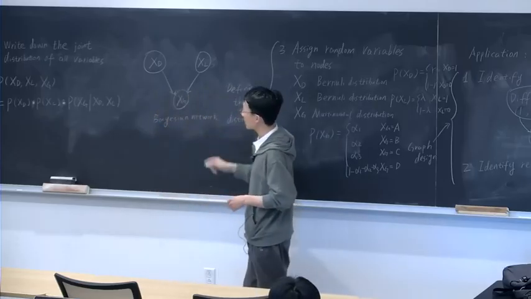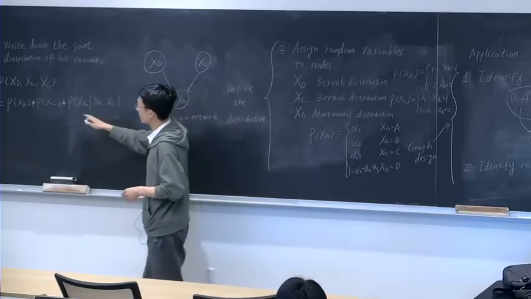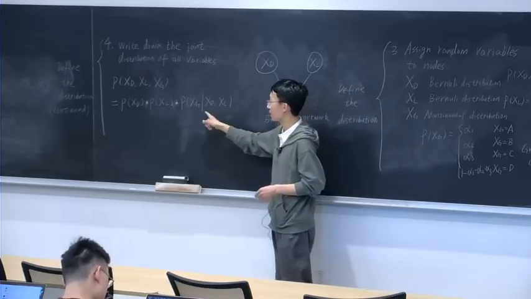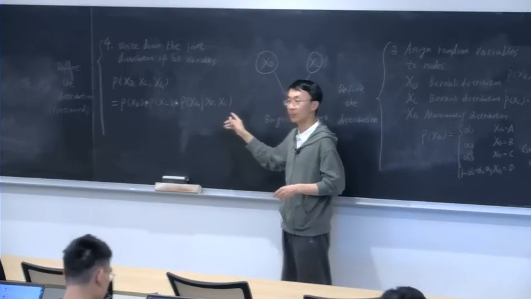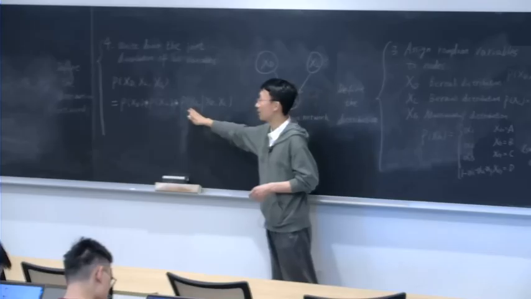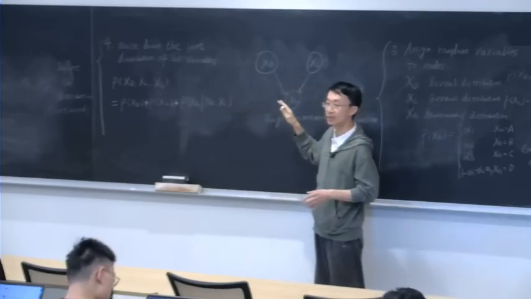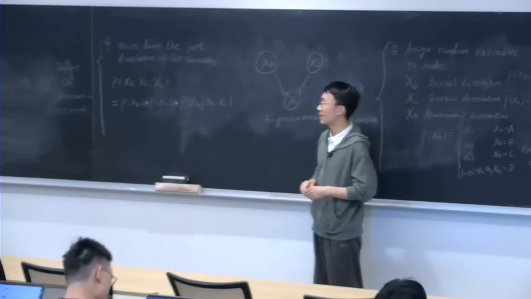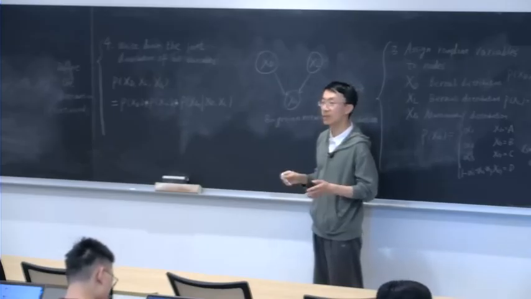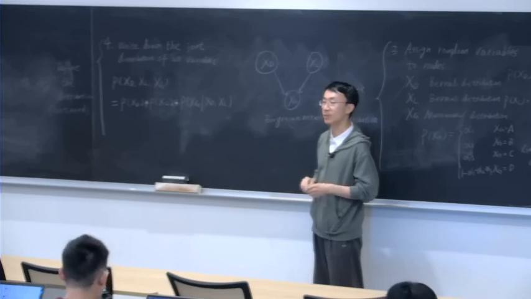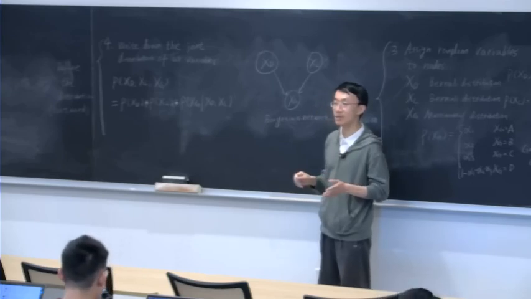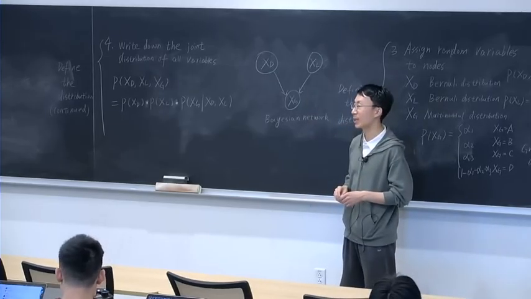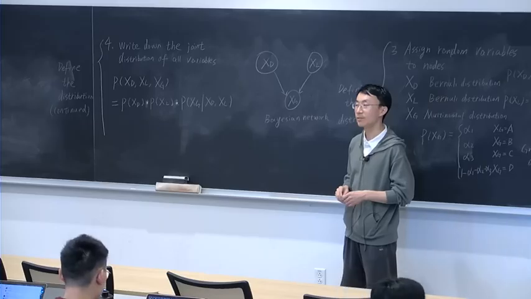For a Bayesian network, the joint distribution of all the variables defined in the network can be written in this form. There are some theorems proving that this one and this one are equivalent. They are called I-maps. In this course, due to the schedule limit, we probably cannot dive into the details of the proofs. If you are interested, you can read the first textbook by Daphne Koller and Friedman.